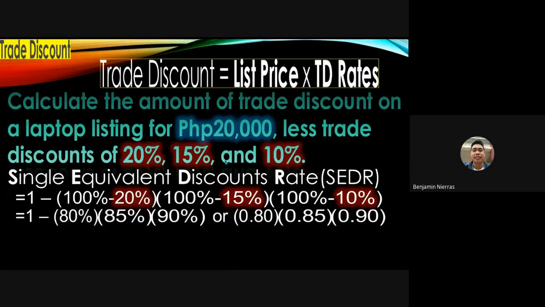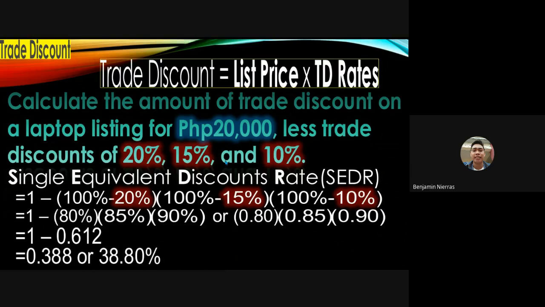So, multiplying 0.8 times 0.85 times 0.9, that yields an answer 0.612. Then, tsaka nyo i-minus sa 1. So, the answer would be complementary 0.388 or 38.80%.